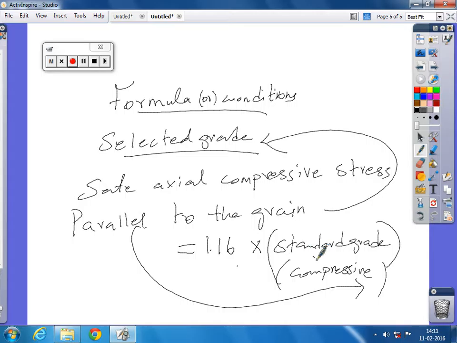For the standard grade, the safe axial compressive stress parallel to the grain value is how much? So 1.16 into 12. That is the answer for selected grade.